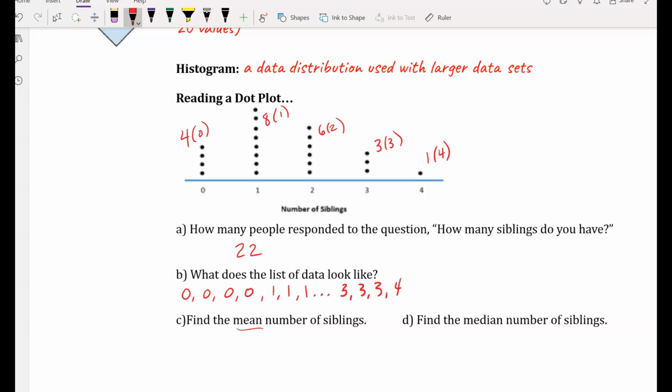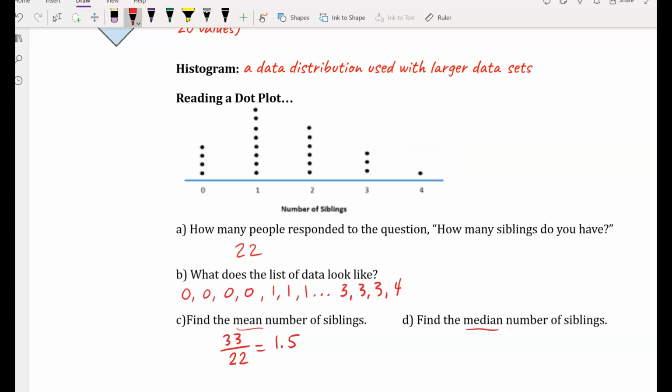So if I add 0 plus 8 plus 12 plus 9 plus 4, then I get a total of 33. And then I want to divide by the total number of elements, or the total number of answers, which is 22. And when I simplify that fraction, I get 1.5.